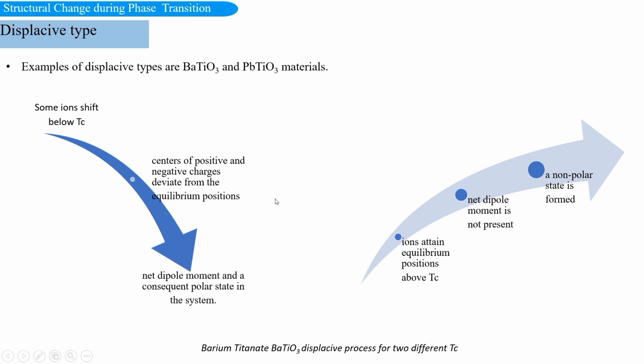As we've seen earlier, when the charges deviate from the equilibrium position, we have a net dipole moment, and consequently we have a polar state in the system. Now, let's say barium titanate undergoes a temperature that is more than Tc. The ions will attain the equilibrium position, which is opposite to what we saw earlier, and the net dipole moment will not be present, therefore producing a non-polar state.